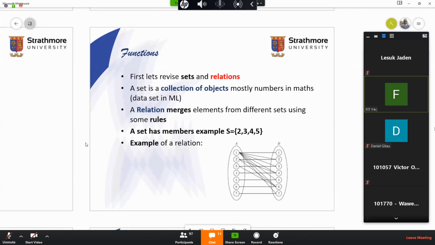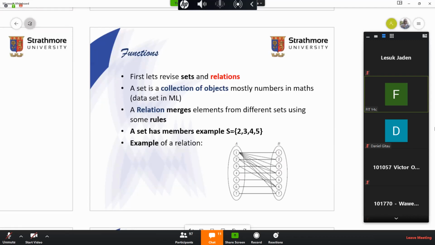So functions, you know them already. They're a set, a collection of objects, mostly numbers. And in machine learning, a set is going to be data, so we call it a data set. Then there is something called a relation that can be used to merge two different sets, okay, using some rules.